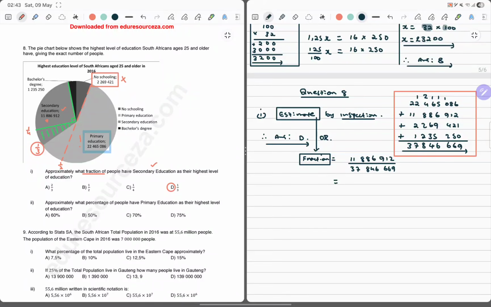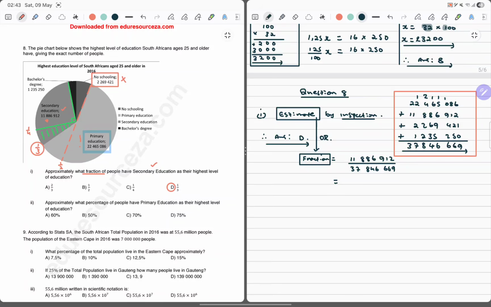This is 11,800,000. Yeah, 11 million. Do you want to say 10 million then? Secondary education.